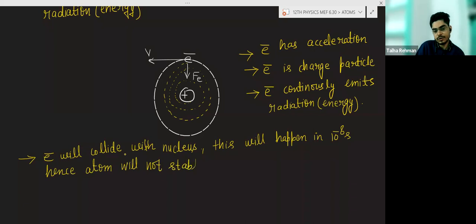If the electron collides with the nucleus, then the atom will be destroyed, or you can say the atom will not be stable. And if the atom is not stable, then everything, which is made up of atoms, will not be stable. That is not true.